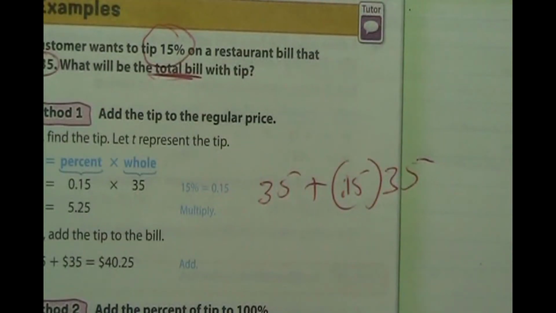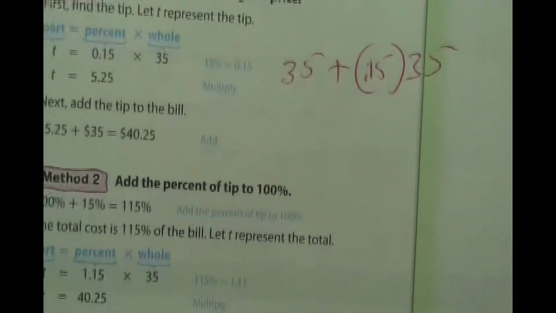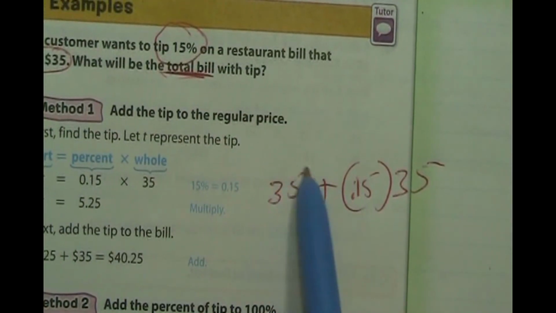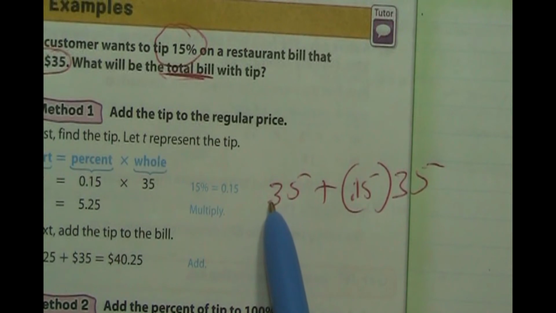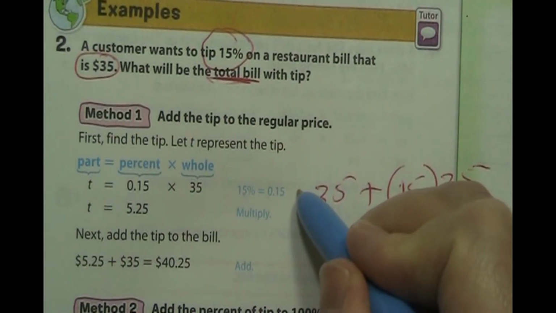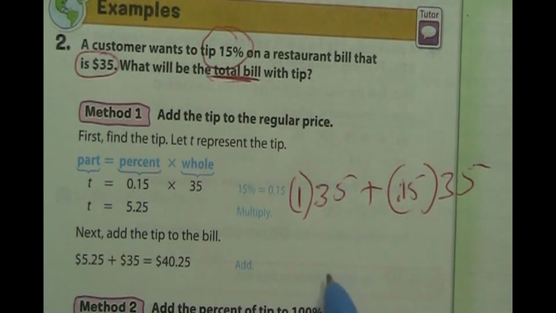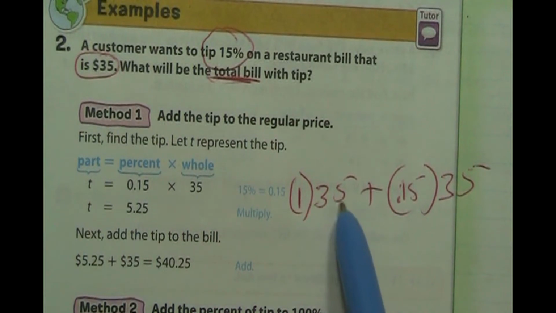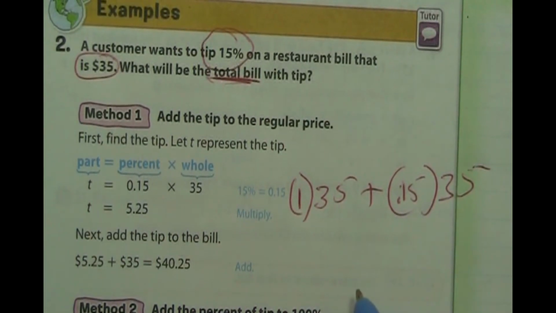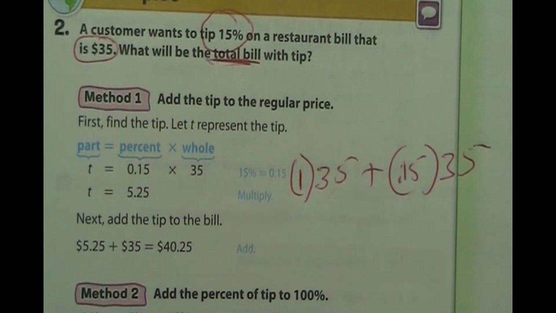Okay, that's one method. The other method is to just take 100% of this. That's 1. 100% is just 1. 1 times 35 and 0.15 times 35. That's 1.15. That's 115%.